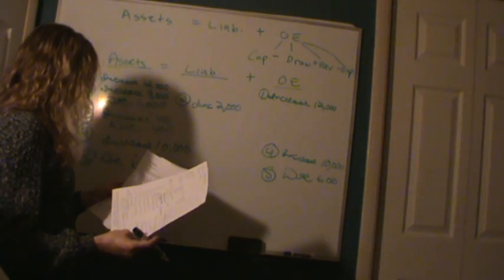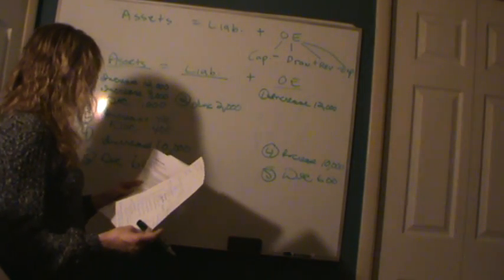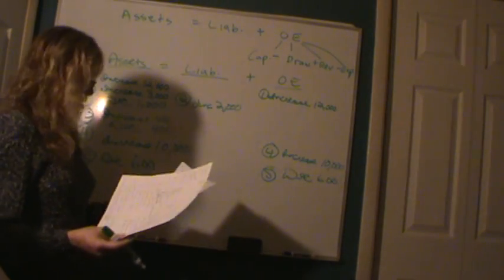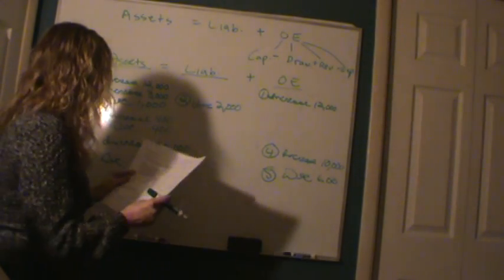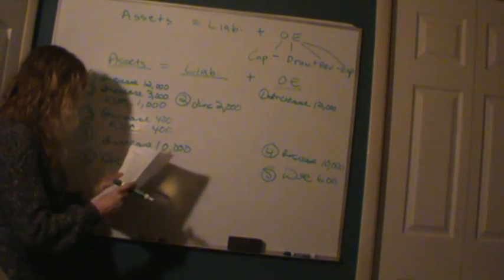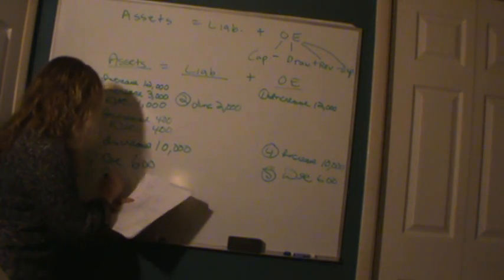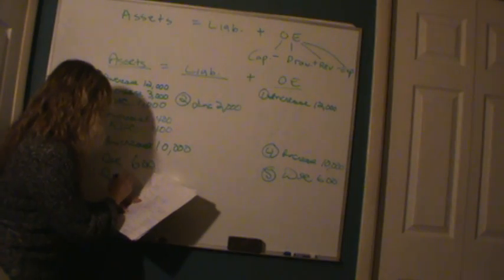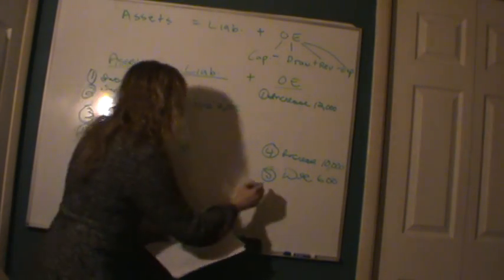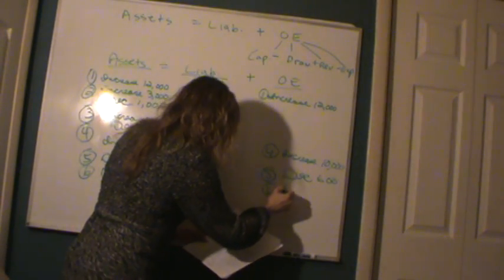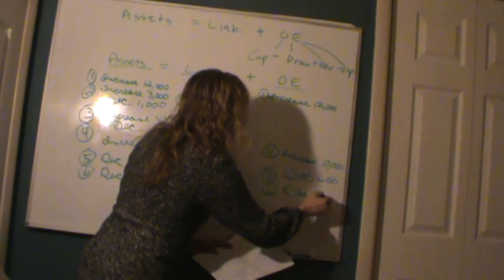The next thing we do is pay expenses, and 6, 7, and 8 are all paying expenses. The first one, we pay rent with cash for $1,000. So that's going to decrease our asset account by $1,000, and also decrease our equity by $1,000.